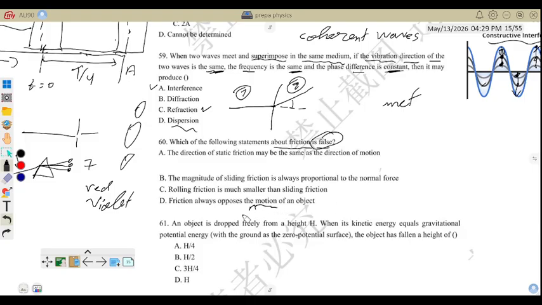We have to add this word, relative. It's not the motion itself but the relative motion between the two.